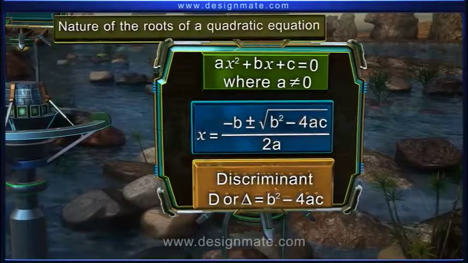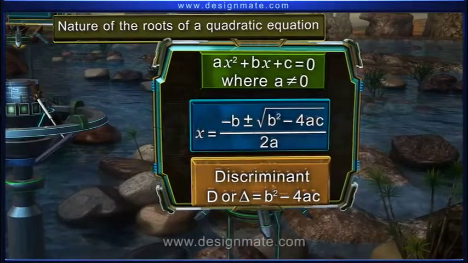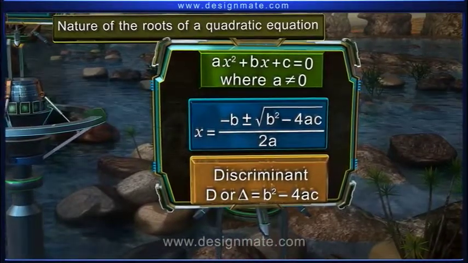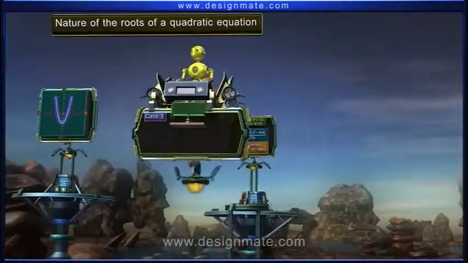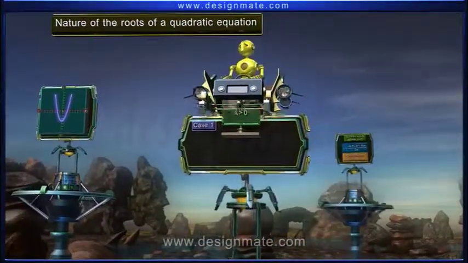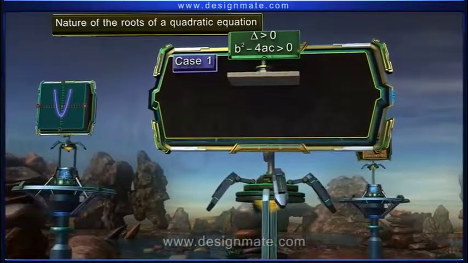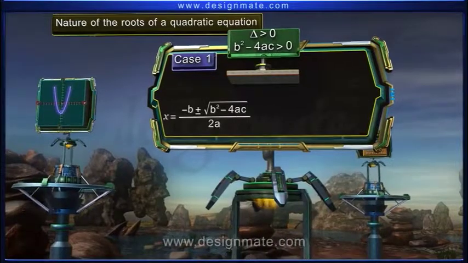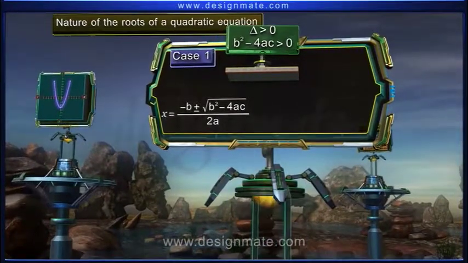The nature of the roots of a quadratic equation is determined by the discriminant of the equation. There are three possibilities. Case 1. Delta is greater than 0. That is, b² - 4ac is greater than 0. We have a positive number under the radical sign which will have a real non-zero square root.